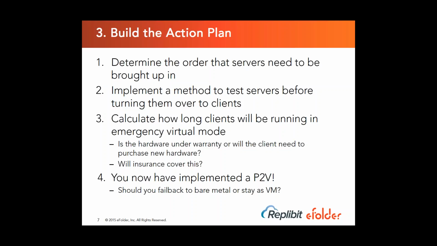If it's a complete loss scenario where they've lost all of their equipment and somehow the BDR has survived, or you need to go to the cloud to do your emergency virtualization of all your machines, think long and hard about the failback scenario. You may be able to get equipment back very, very quickly, brand new equipment. A lot of insurance providers out there provide what's called loss of productivity insurance, and your standard insurance policy is provided to these small businesses.